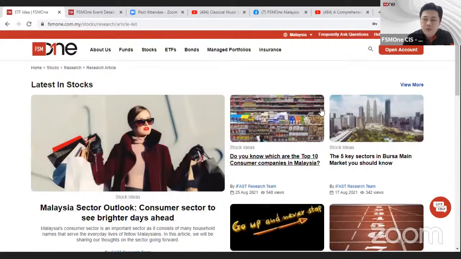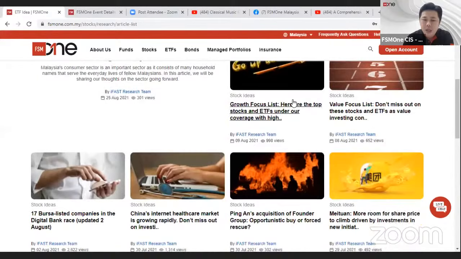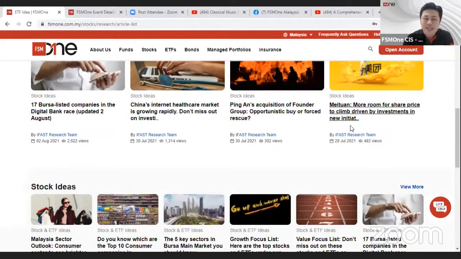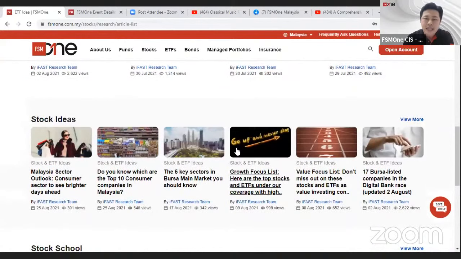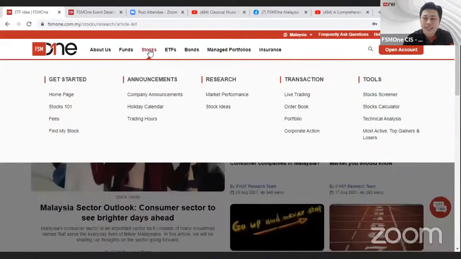If you read through the articles prepared by our research team, you are able to understand what the current news in the market is, and which particular stocks we think are good to invest in. Basically, you can have a look from here. If you want some stock insight, you can have a look at stock idea.